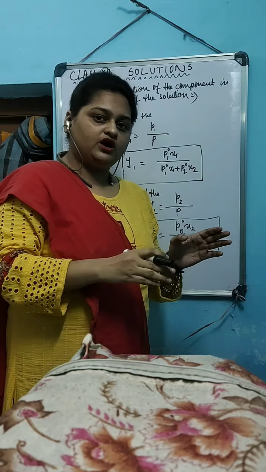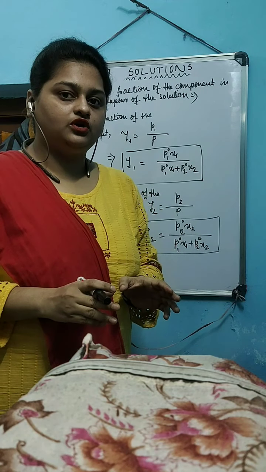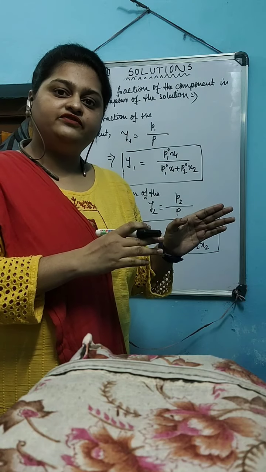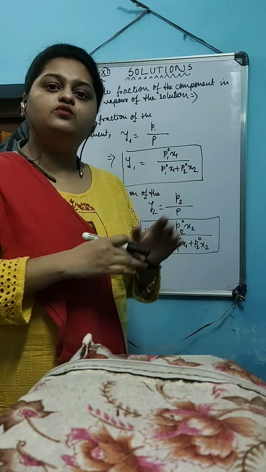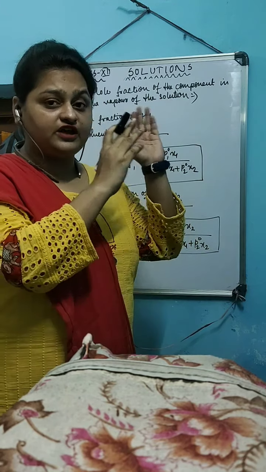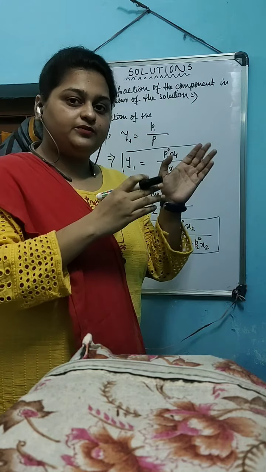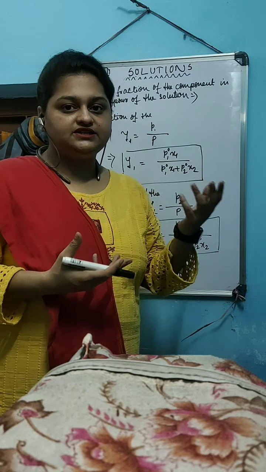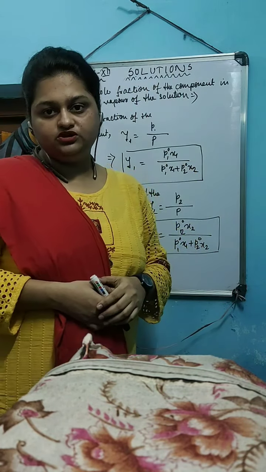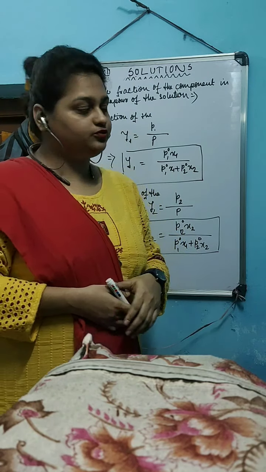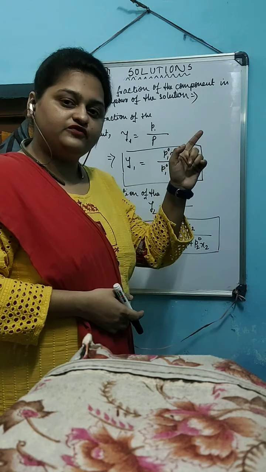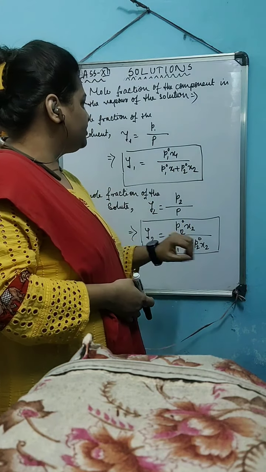Mind you, X1 was the mole fraction of the solvent also, but in the solution. So in the vapor phase it is going to be represented by the partial vapor pressure of the solvent, P1, divided by the total vapor pressure P.